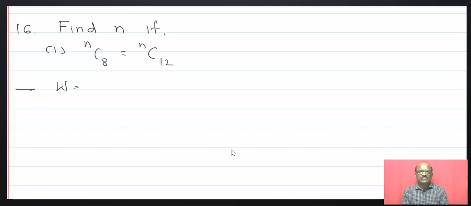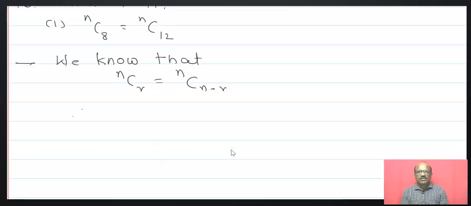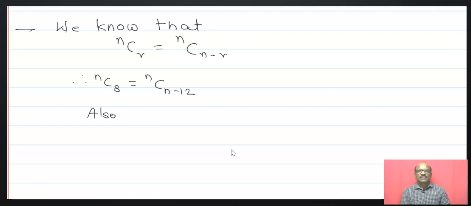Find n if nC8 is equals to nC12. Now we know the formula, that is nCr is equals to nC(n minus r). By using this important formula, nC8 is equals to nC(n minus 8), and we have changed it, so nC(n minus 8) equals nC12.